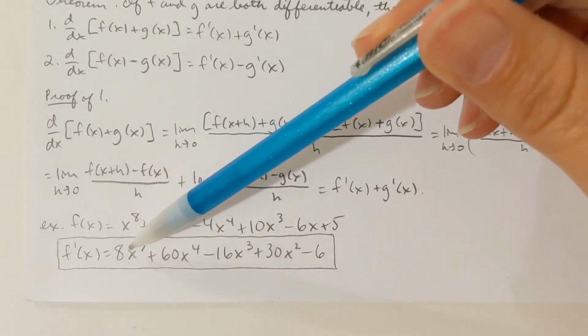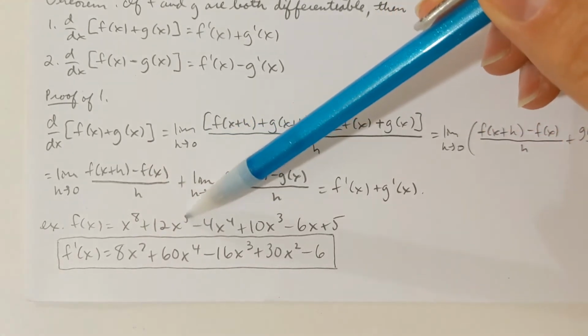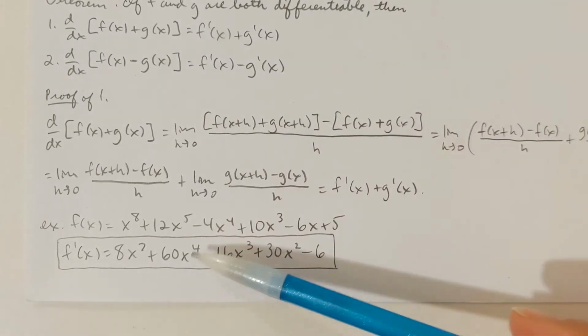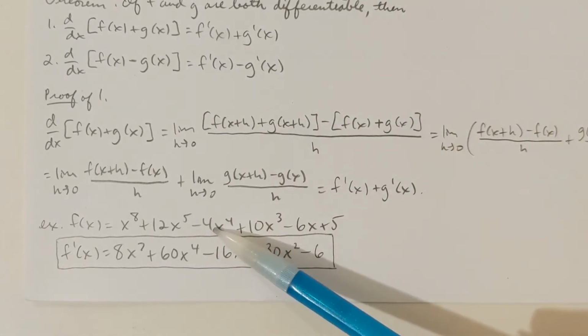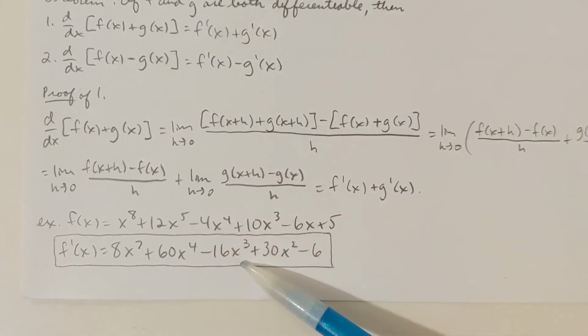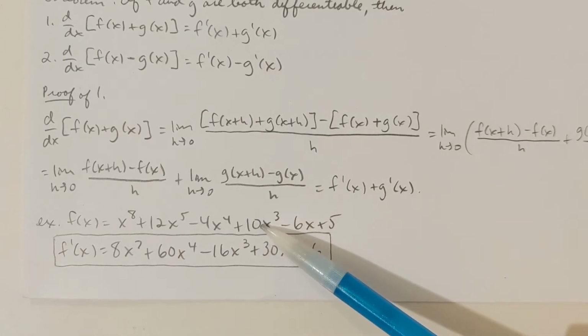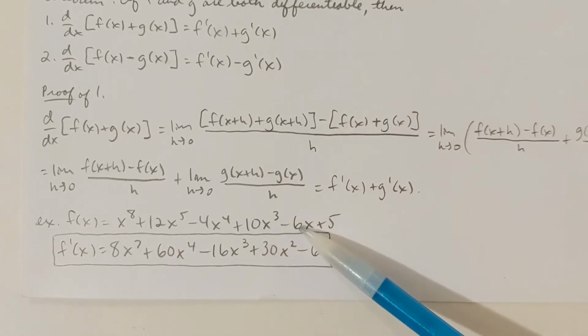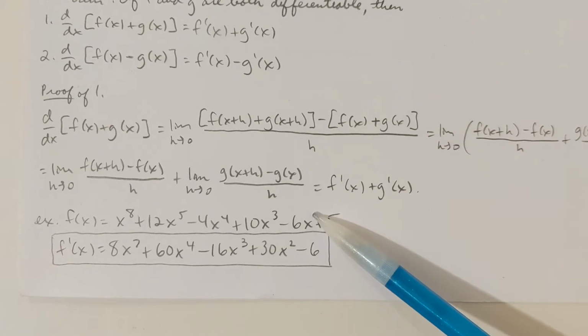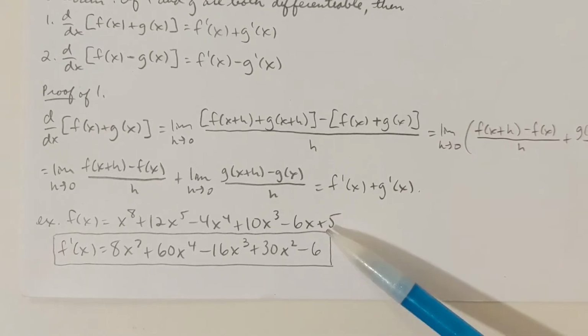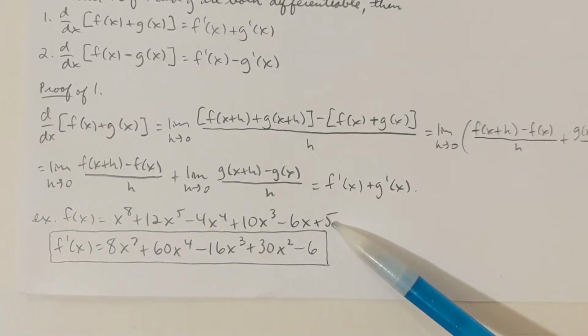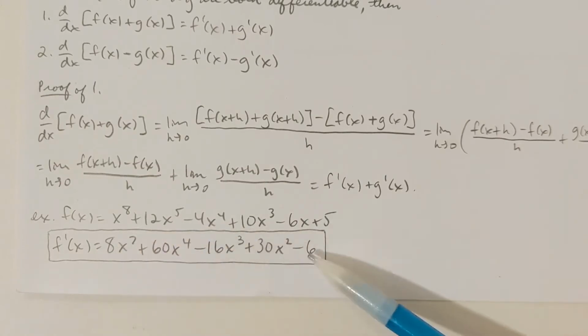So the first term is going to be 8x to the 7th, and then plus 12 times 5 is 60, so 60x to the 4th, minus 16x cubed, and then plus 30x squared, minus 6x to the 0 is 1, because it would be a minus 6, and then plus the derivative of 5 would be 0. Okay, and that'd be my answer there.